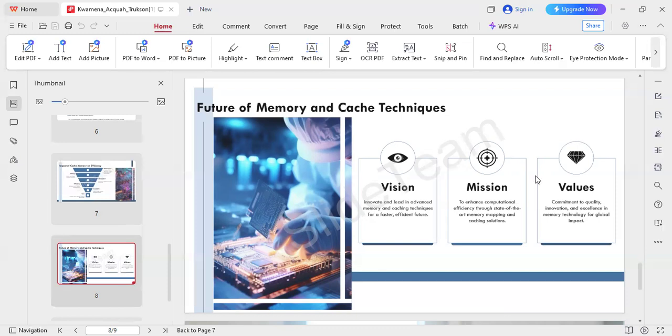And the last one is value, that's core values. Its commitment is to quality, innovation and excellence. And its impact is global advancement in memory technology.